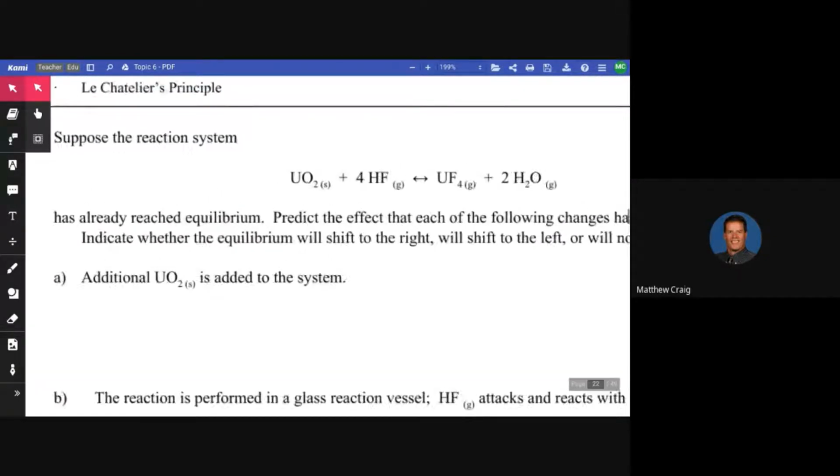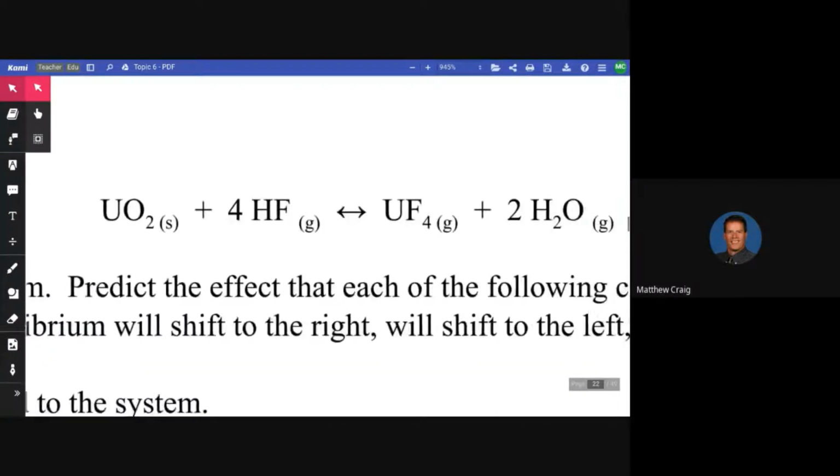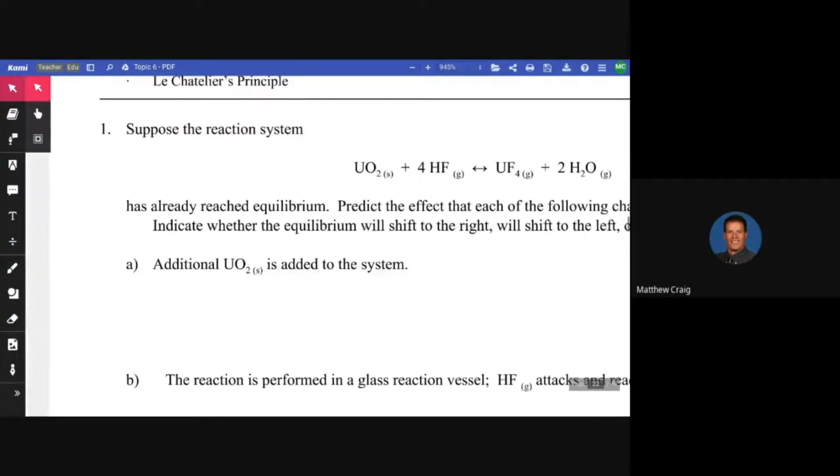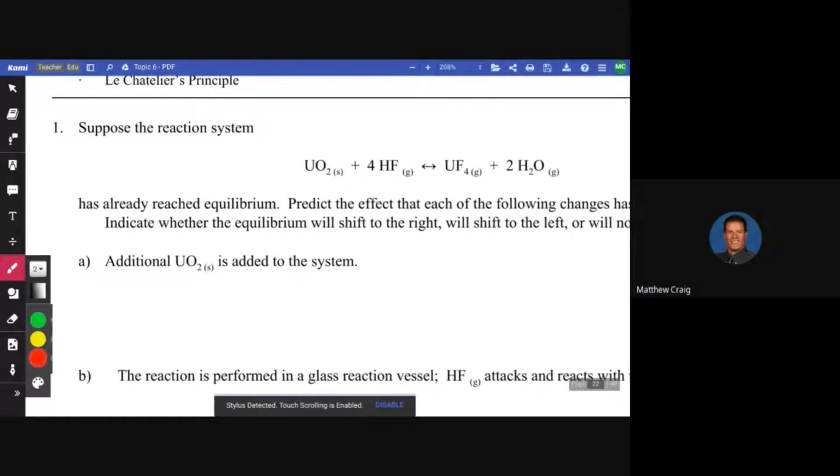Well, if you noticed, we have a solid here where the rest of these things are gases. So whoever said that we will have no shift, very good. So again, we do not account for things that are pure liquids or pure solids.